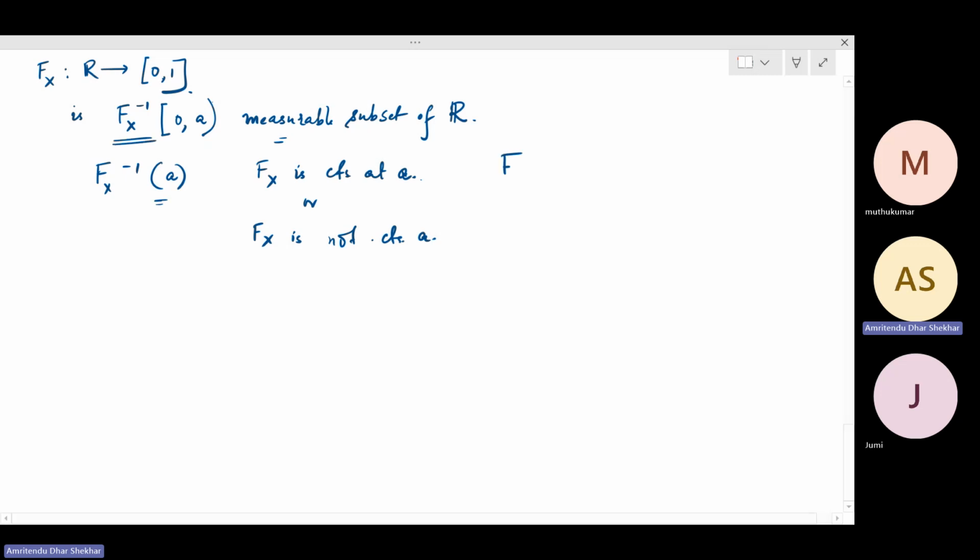So basically, this set F_X inverse of (0, a) is going to be equal to (minus infinity, the sup of this set).